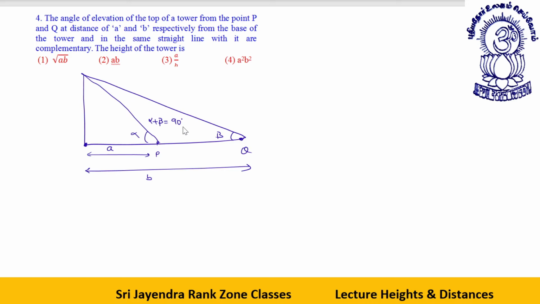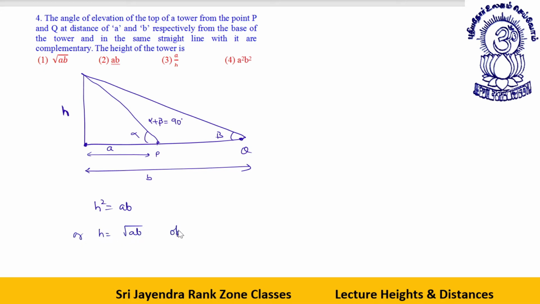Now when alpha plus beta is equal to 90 degrees, what will happen? Simple plain logic. This is h, this common side h subtends angles alpha and beta which are complementary, h square will be equal to ab, or h is equal to under the root ab.